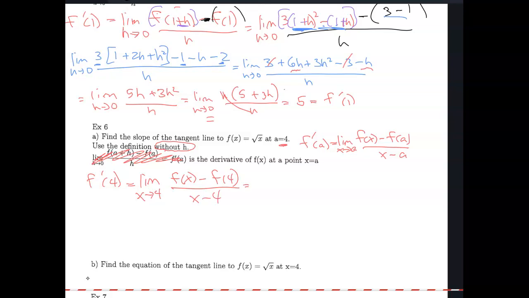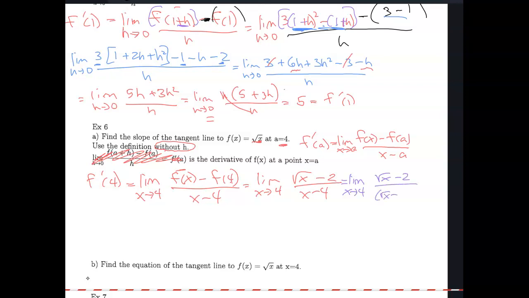Okay, so now I'm going to plug in the function for this. So limit as x goes to 4. So I have root x minus, and when I substitute 4 in here, I get root 4 or 2, all over x minus 4. So back to limit land. If I plug in x equals 4, I do get 0 over 0. So there's something more I can do, and I hope you've seen it enough now that you say, oh, there it is, the clever difference of squares.